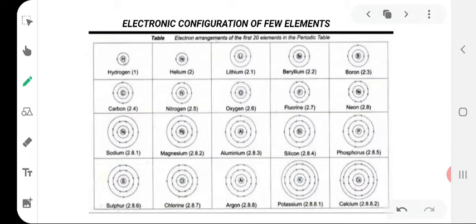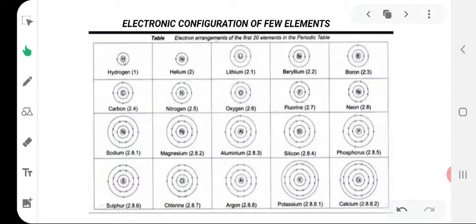Right now on your screen you can see the electronic configuration for the first 20 elements, starting from hydrogen, helium, lithium, beryllium, boron, carbon, nitrogen, oxygen, fluorine, neon, sodium, magnesium, aluminium, silicon, phosphorus, sulfur, chlorine, argon, potassium, and finally calcium.